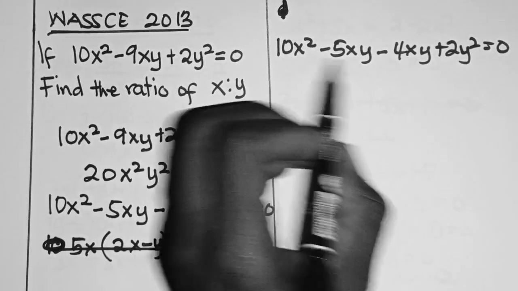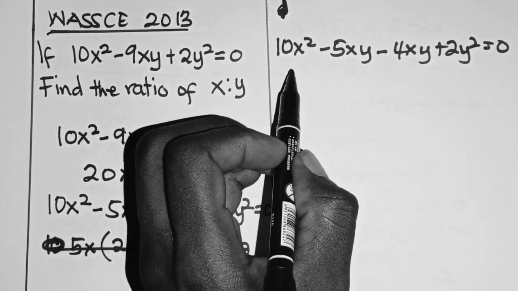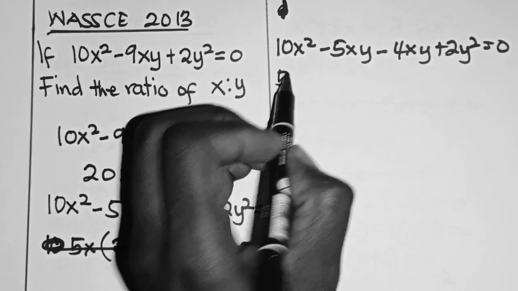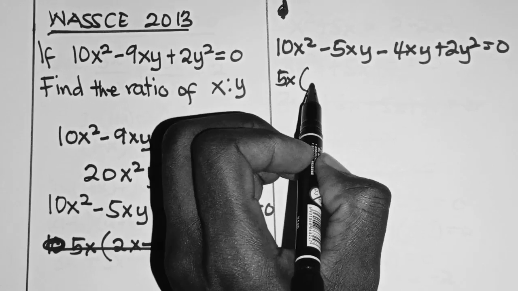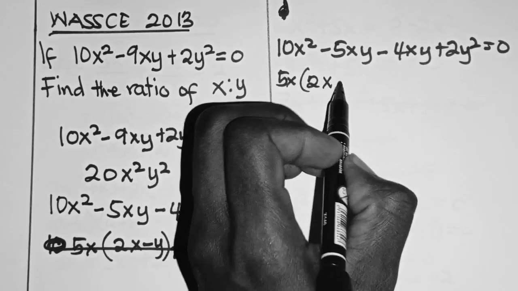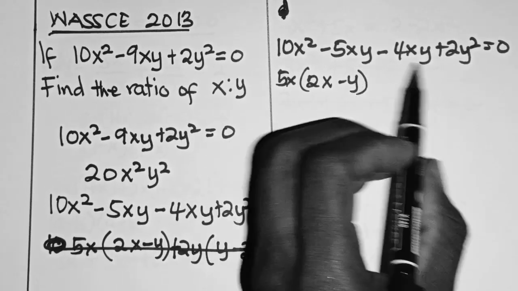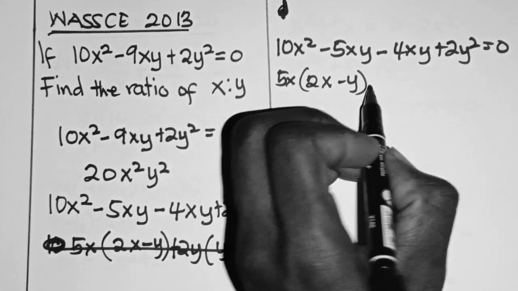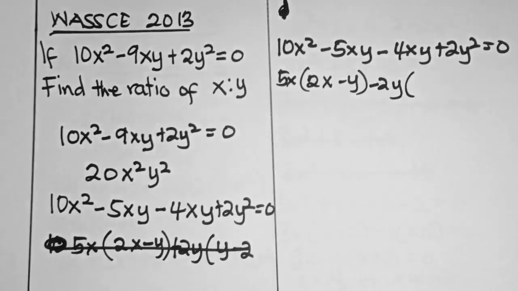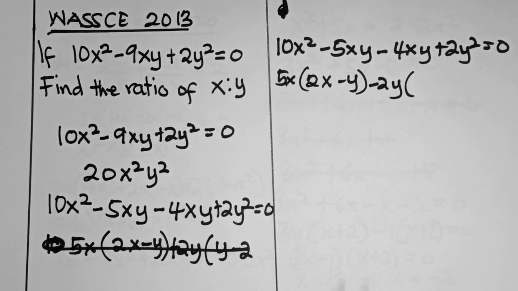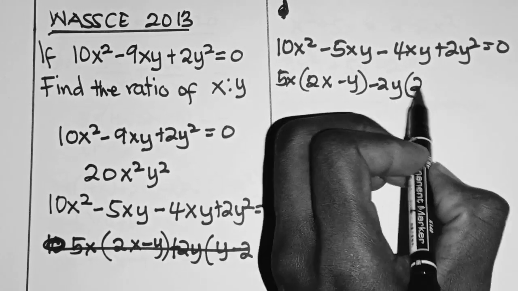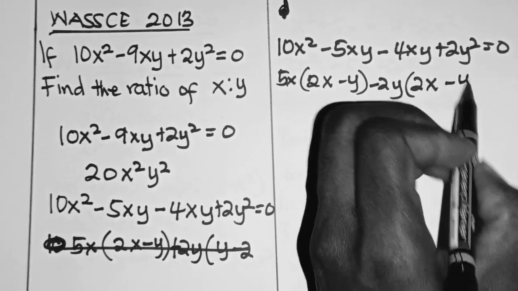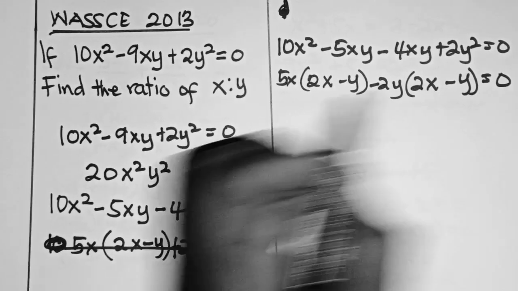So now in this case, you can see that 5x is common. So let's factorize 5x out. We are left with 2x minus y. Let's factorize minus 2y out. So minus 2y. We'll be left with 2x minus y. And this is equal to 0.